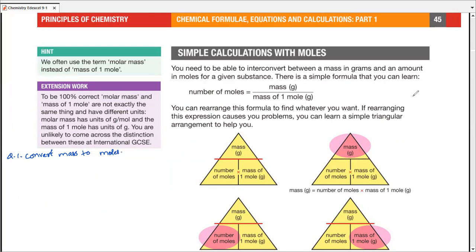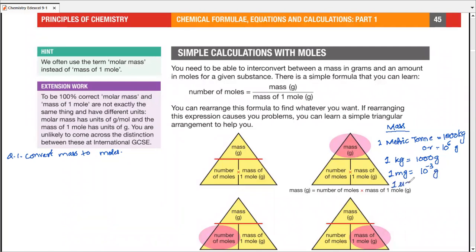Remember, a few things that you need to understand and remember for mass, we need a few scales. 1 metric ton is equal to 1000 kilograms or 10 raised to power 6 grams. 1 kilogram is equal to 1000 grams. 1 milligram is equal to 10 raised to power minus 3 grams.